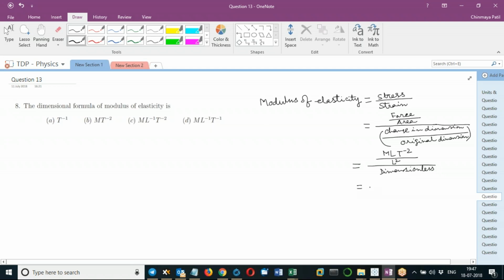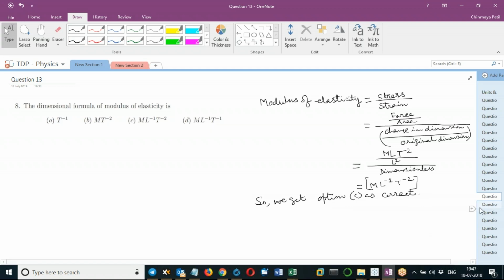So this turned out to be M L power minus 1 T power minus 2. Out of these four options, we see option C is matching with this one. So we get option C as correct.